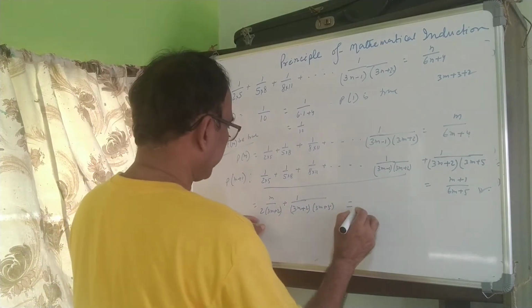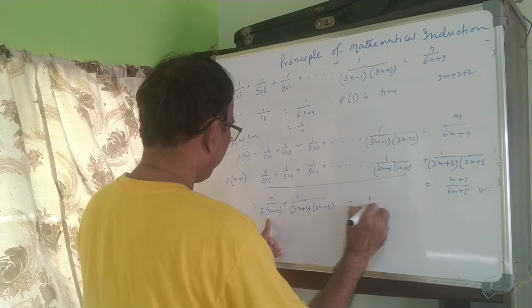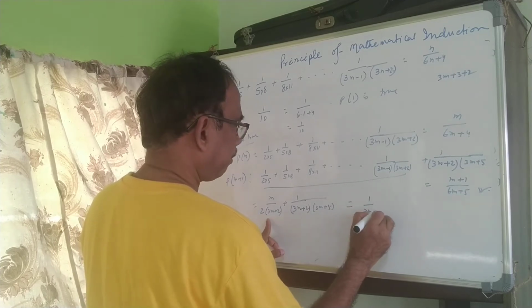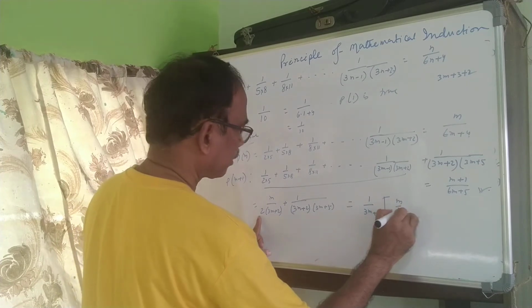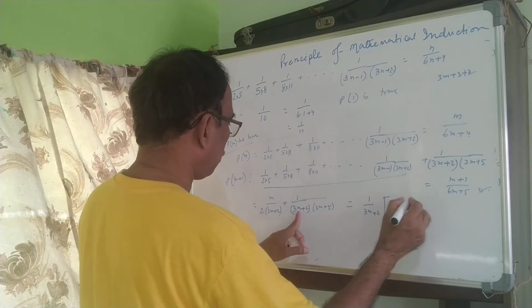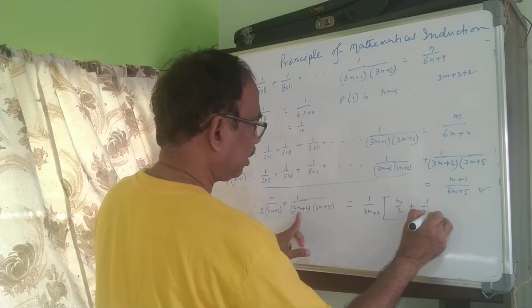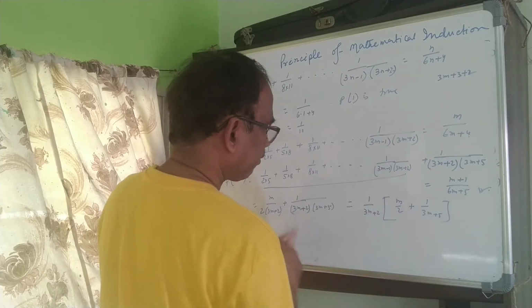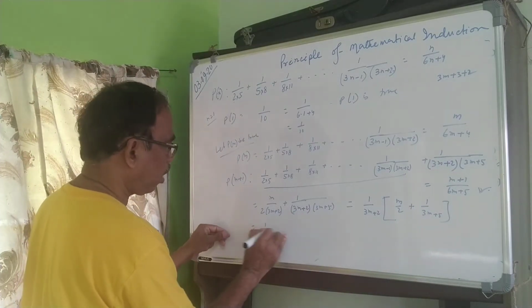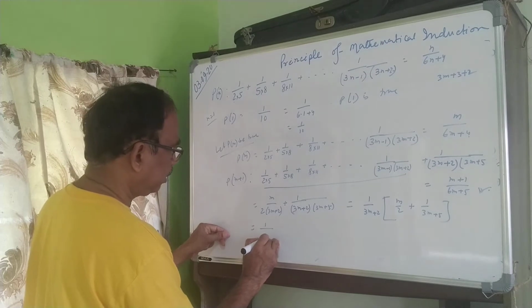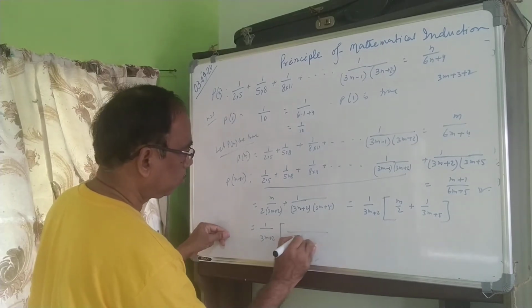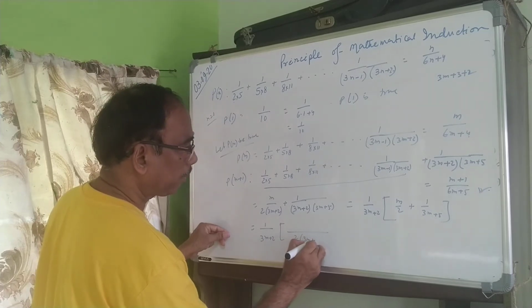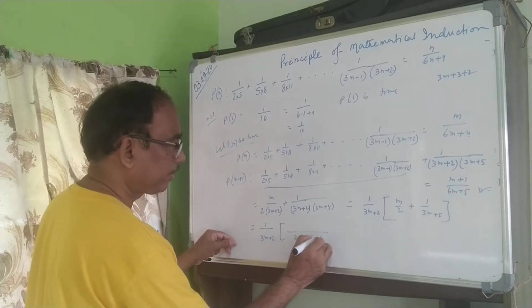Taking common, 1 by 3m plus 2 is common: m by 2 plus, it is common, 1 by 3m plus 5, equals 1 by 3m plus 2 into 3m plus 5.